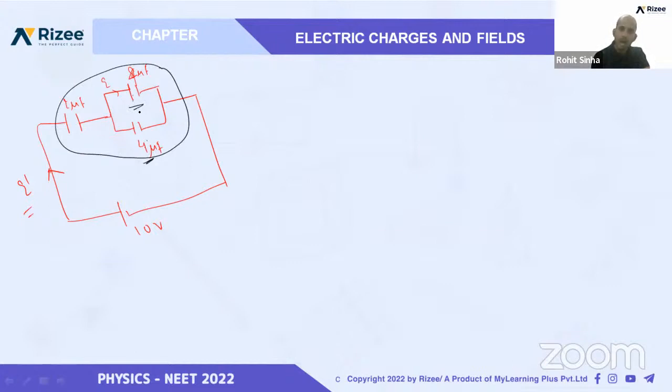Since they are both in parallel combination, and in parallel combination C is equal to C1 plus C2 plus C3. So let us assume C1, C2 and C3. Since C2 and C3 are parallel, we write C equivalent dash is equal to 4 plus 4, that means 8 microfarad.